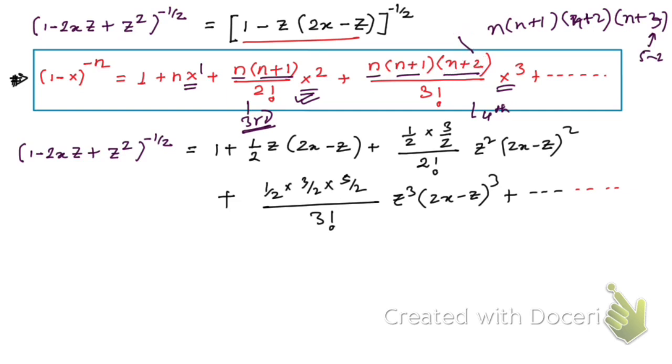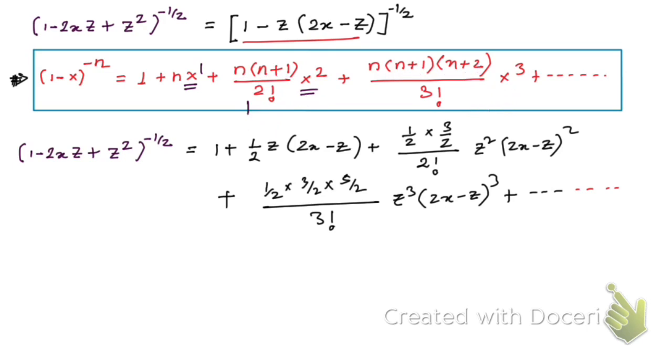So similarly, if we take the n plus 1 term, in order to get power n on the variable, we need to take the n plus 1 term here. Let me write it properly, just give me a second.